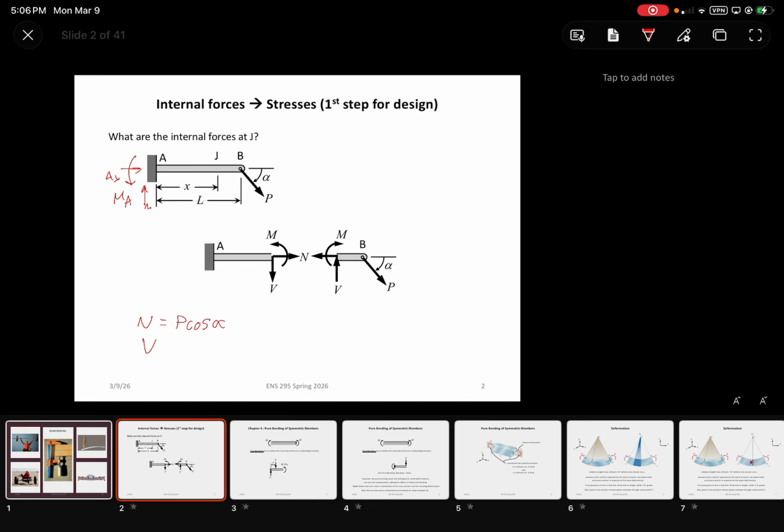The shear force in the beam, V, from the sum of the forces in Y, would give you P sine of alpha. And then the moment inside the beam, taking the moment about the cut, would equal negative P sine of alpha, the force that's applied, times its perpendicular distance from the cut, which is L minus X. That's its positional coordinate on the beam.